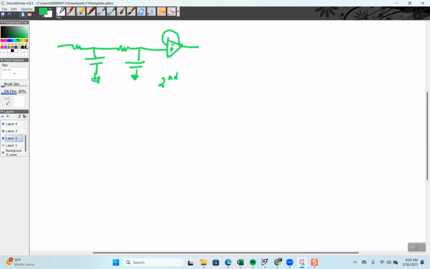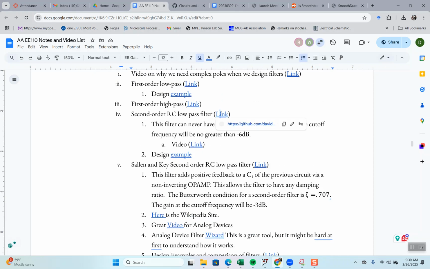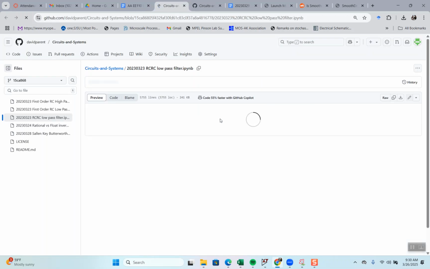Oh no, that is the opposite, right? I have that current, and that current, and that current, and I have that. And notice, this voltage here is going to depend on what's going through here. It's actually 2 nodes that you have to solve for. This filter can never have complex poles, second order loop.